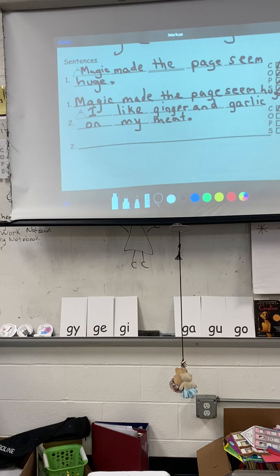Okay, checking for COPS, you should have a capital letter I. I is not only by itself, but it's at the beginning of the sentence. Order: I like ginger and garlic on my meat. That is a complete sentence. Punctuation with a period, and please check your spelling. You will write this on your rewrite line again, and then check for COPS a second time with that rewrite.